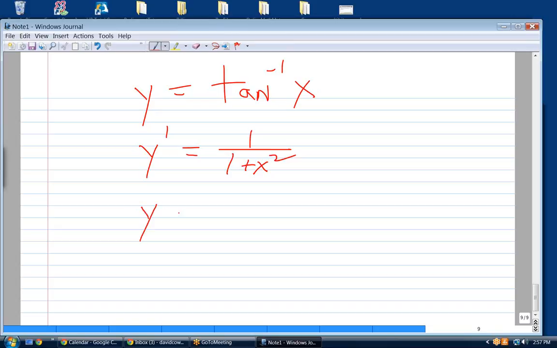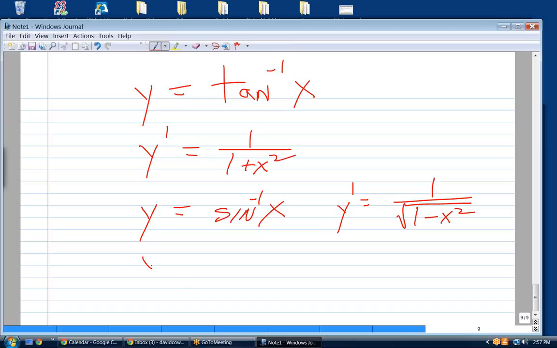If y is equal to inverse sine, this is the other one, you want to memorize these 3. Then y prime is similar, only it's 1 over the square root of 1 minus x squared.